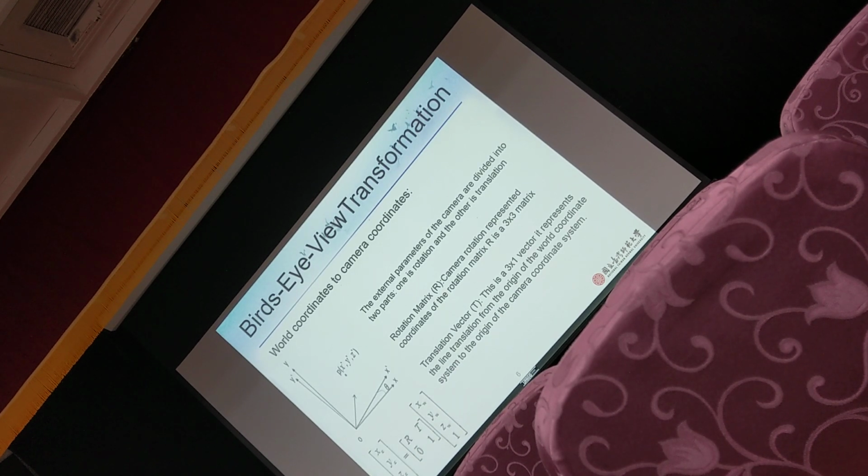The translation vector is a 3x1 vector. It represents the translation from the origin of the world coordinate system to the origin of the camera coordinate system.